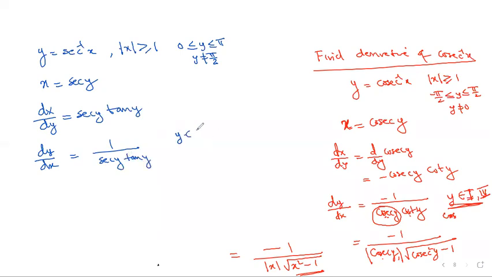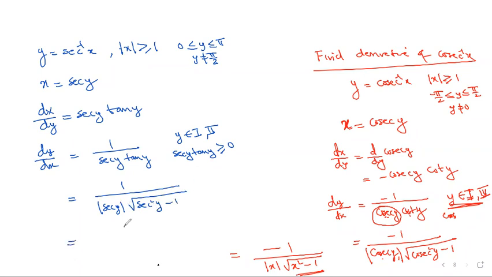Y lies in the first and second quadrant, so sec y into tan y is positive. Therefore, what will I write here? Modulus of sec y into root of sec square y minus 1. Then only this will always be positive. So 1 upon modulus of x into root of x square minus 1.